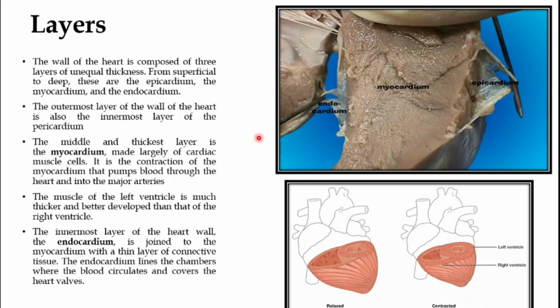So let's talk about the layers of the heart. The heart is divided into three layers of unequal thickness.